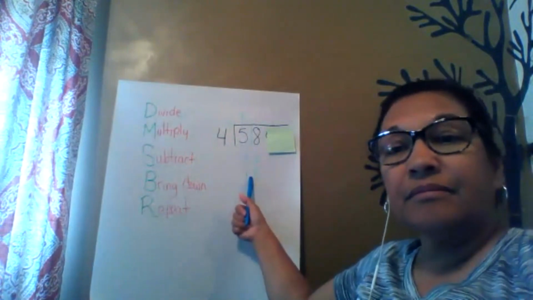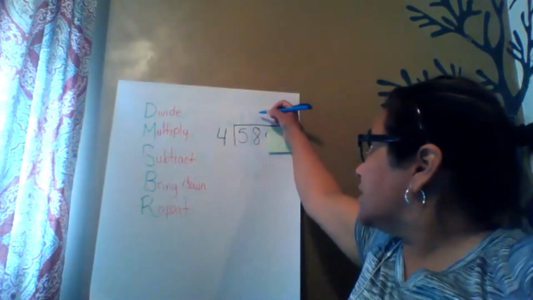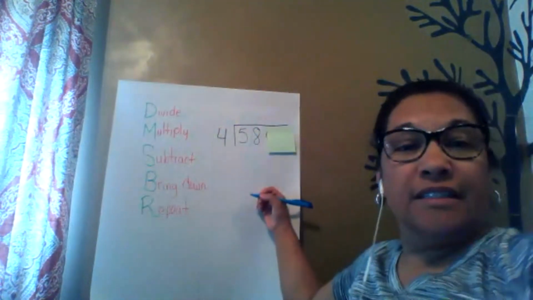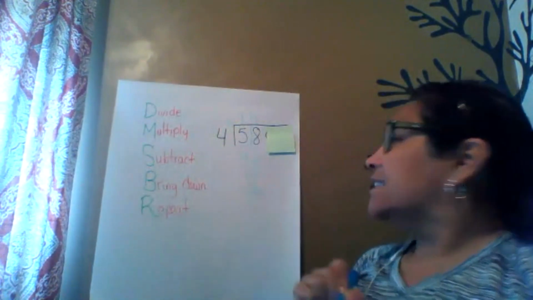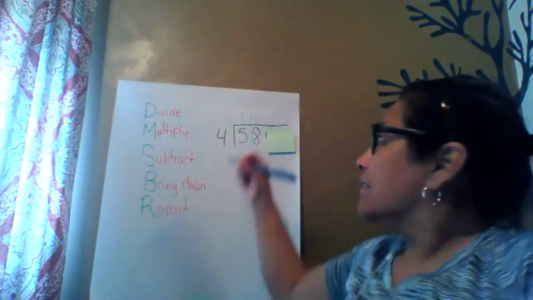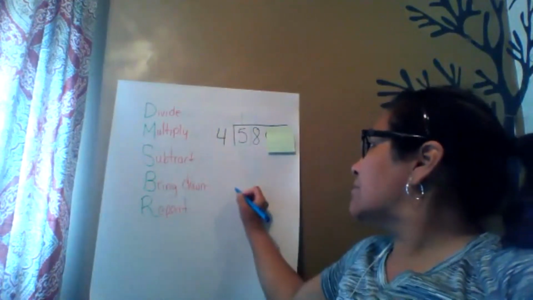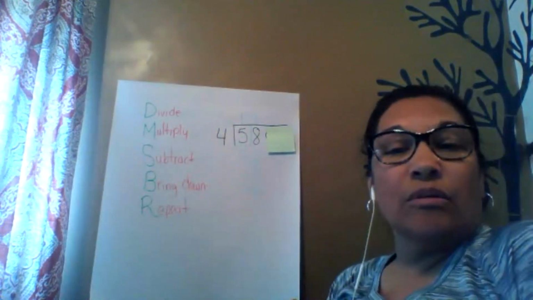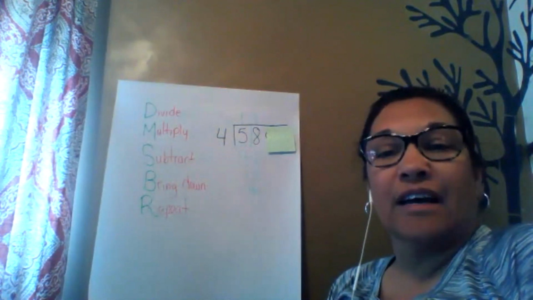Anybody? 4 times. Turner says 4 times. 4 times 4 is 16. We divided, we multiplied, and now we're going to subtract. 18 take away 16. Somebody show me. 2. Turner, Diver, I got y'all.